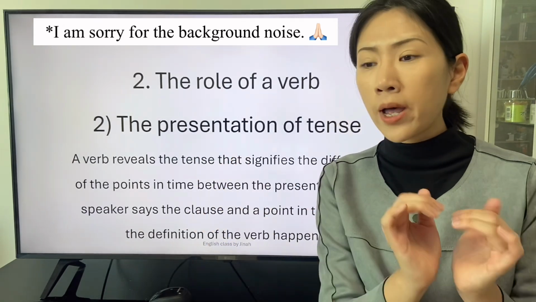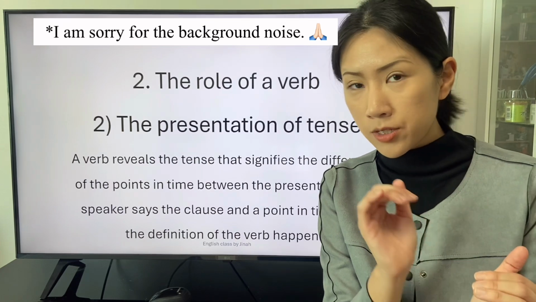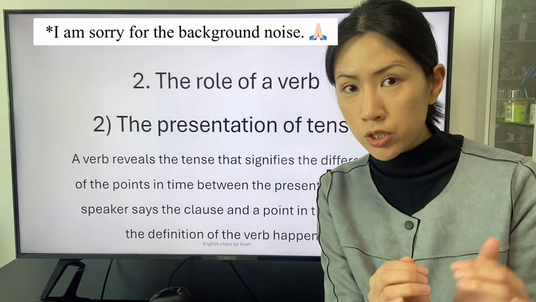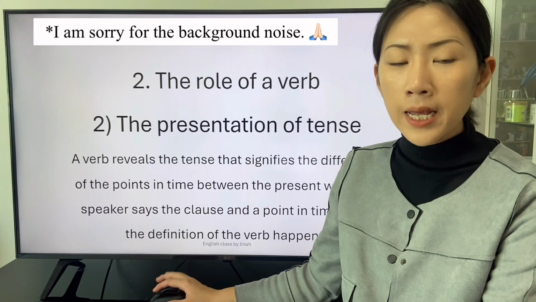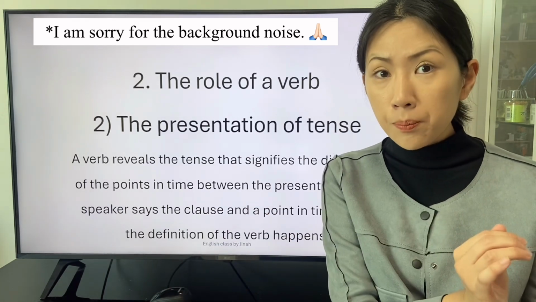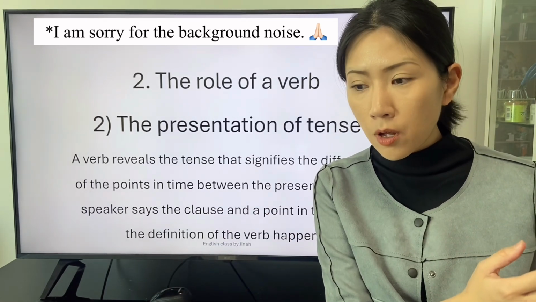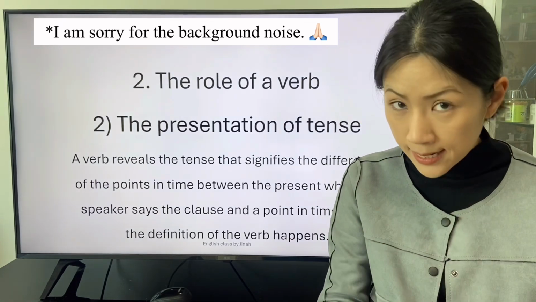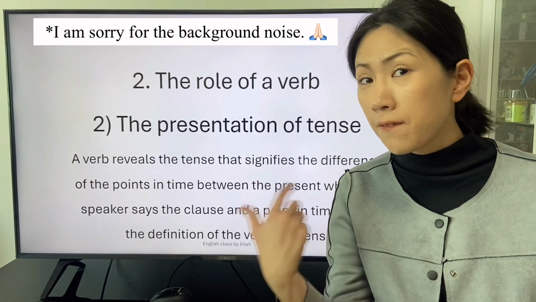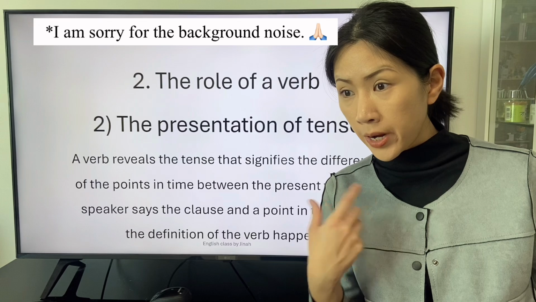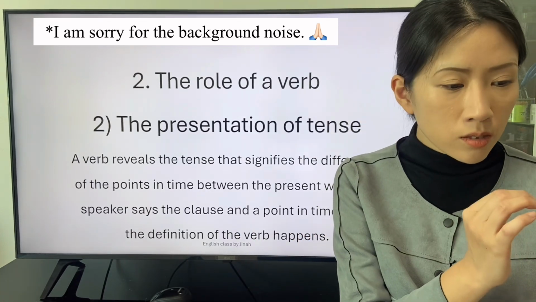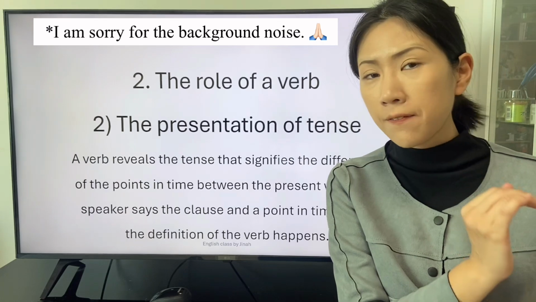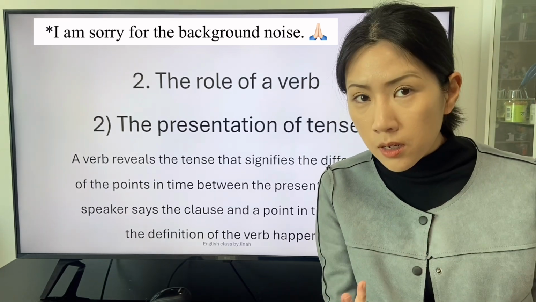That's the reason why the present is the standard to judge the tense of the clause. And the other point in time to compare with the present is when the definition of the verb happens.